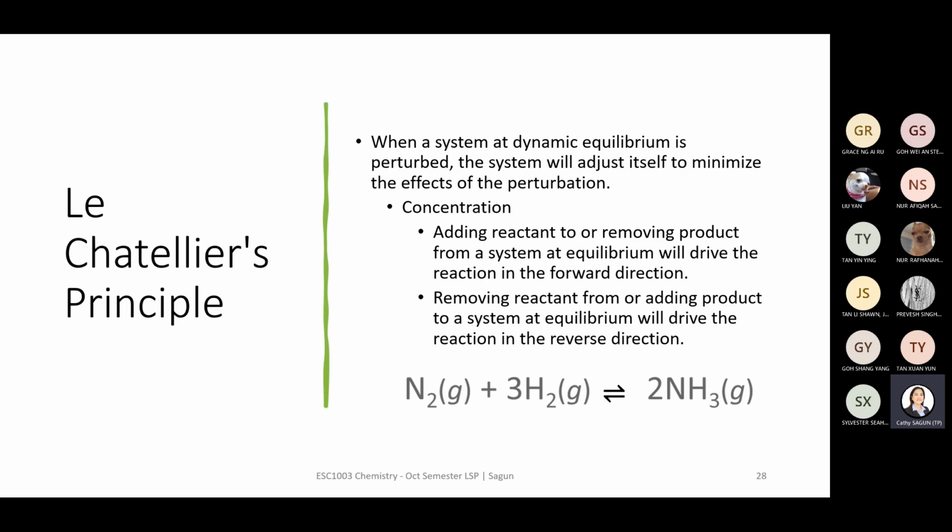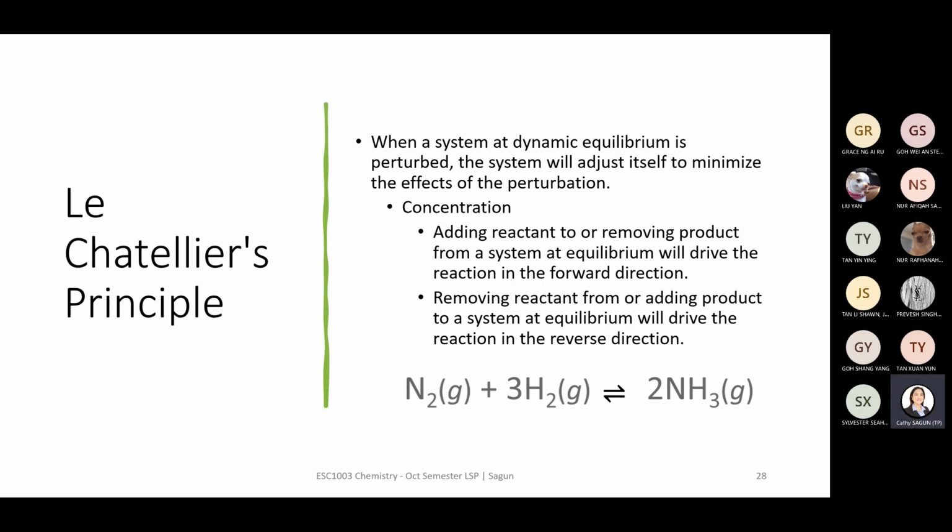Now let's move to Le Chatelier's principle. When a system is at dynamic equilibrium, remember equilibrium is dynamic, it keeps on moving, you are producing your products and reactants at the same time, it goes back and forth.